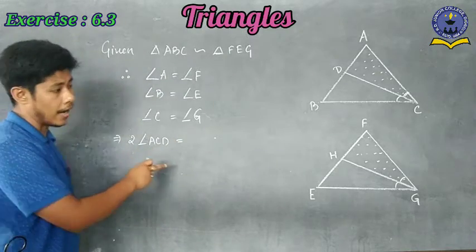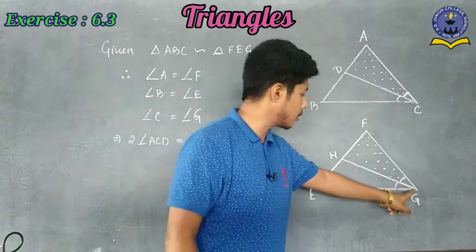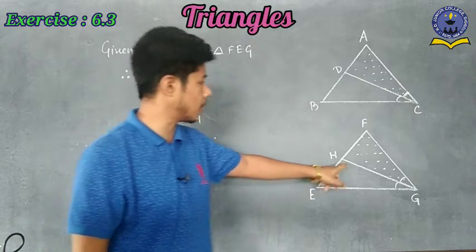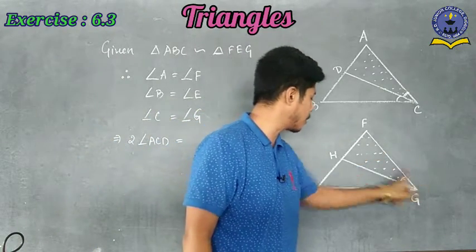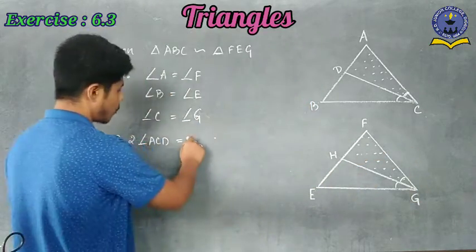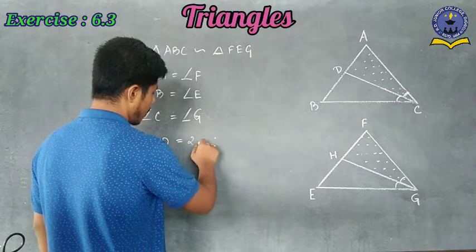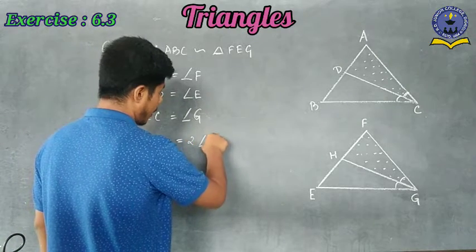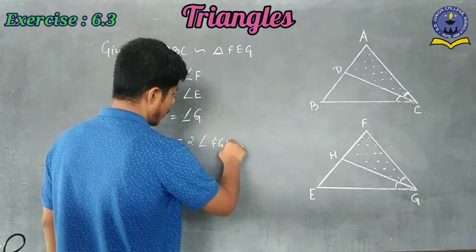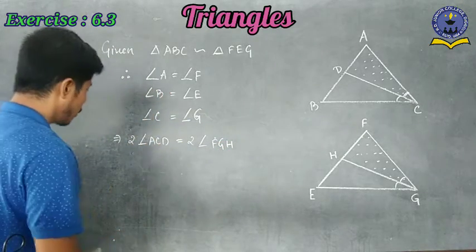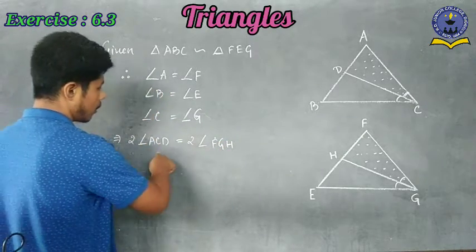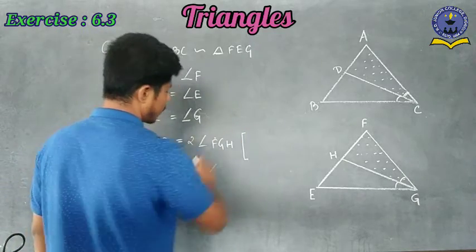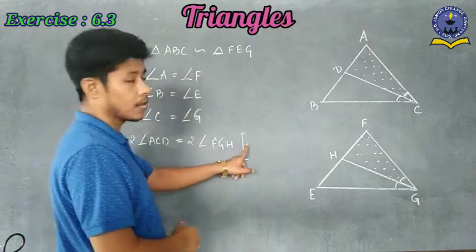As well as we need this result: GH is the bisector, so easily we can write FGH. In place of G, we can write 2 times angle FGH. Is it clear?